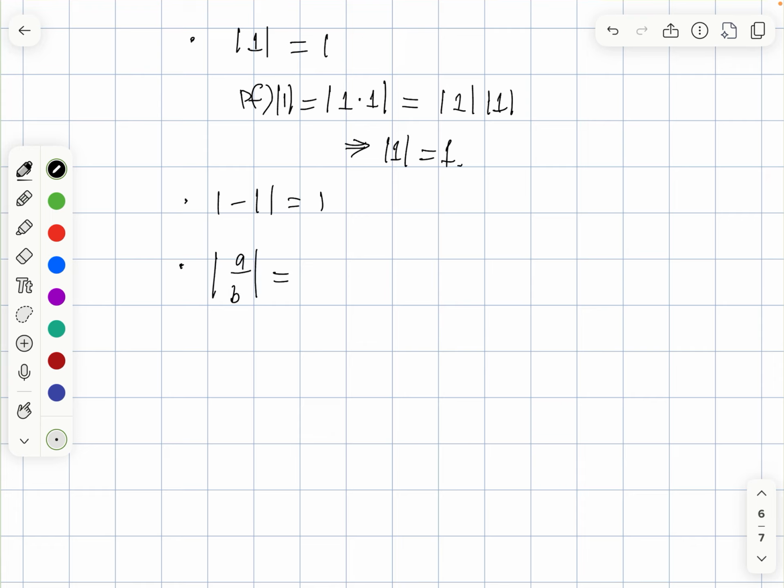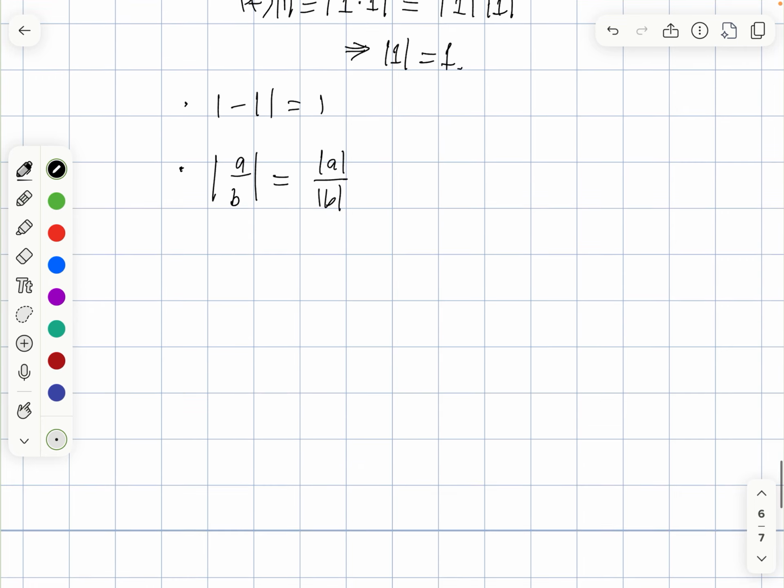Okay, we also have that the valuation of A over B, so this is just A times B inverse, is equal to the valuation of A over the valuation of B, and also that the absolute value of the valuation of A minus the valuation of B is less than or equal to the valuation of A minus B. Oh my goodness, the notation is certainly kind of confusing.